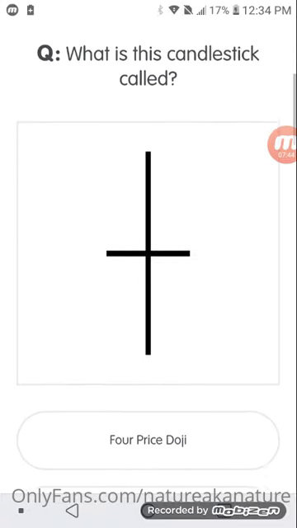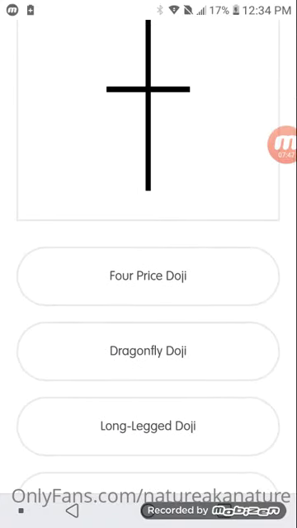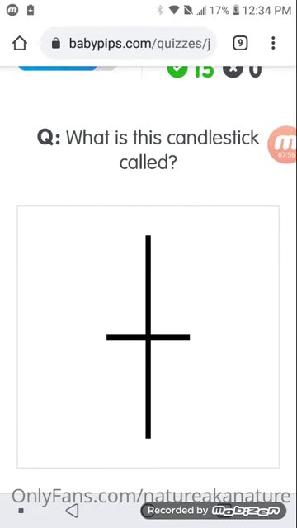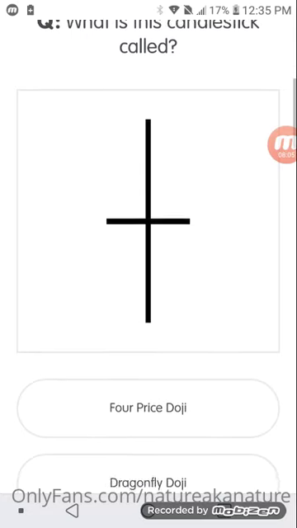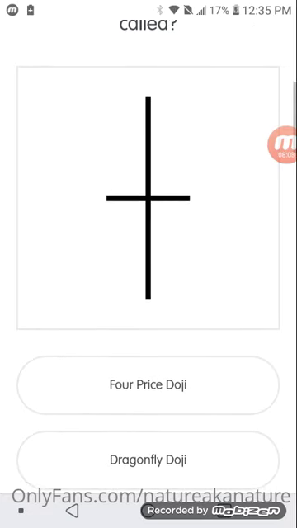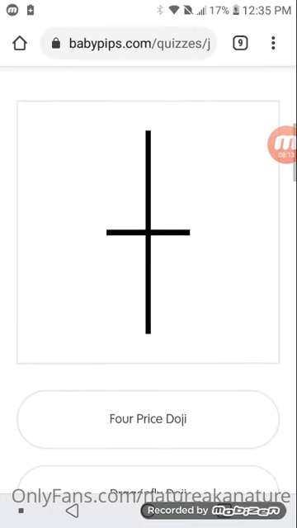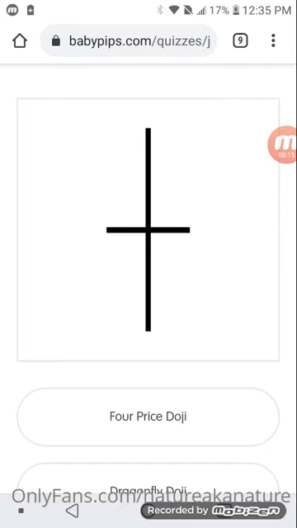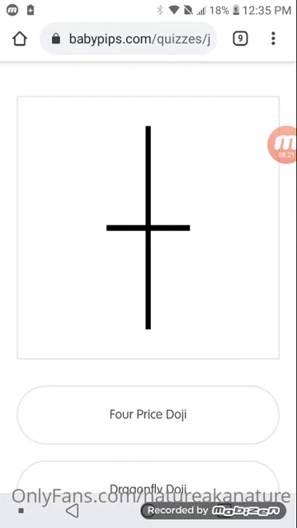What is this candlestick called? Okay, this is called a long-legged doji. As you can see, the long-legged doji candlestick is indecision in the market. It has no body, it just has wicks. It's a signal that buyers and sellers don't know which direction they want price to go. If you see a long-legged doji during an uptrend, it can signal that buyers are indecisive and sellers could come in.